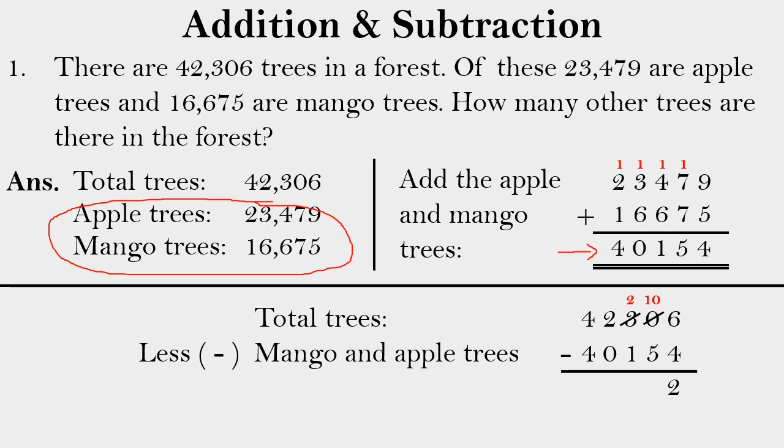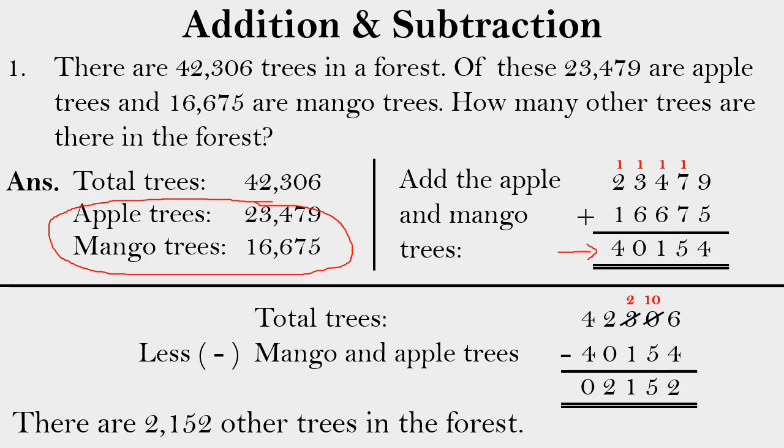So 10 fingers in front of you, close 5, you will get 5 remaining. 2 minus 1 is 1. 2 take away nothing is 2 and 4 take away 4 is 0. So that means there are 2,152 other trees in the forest.